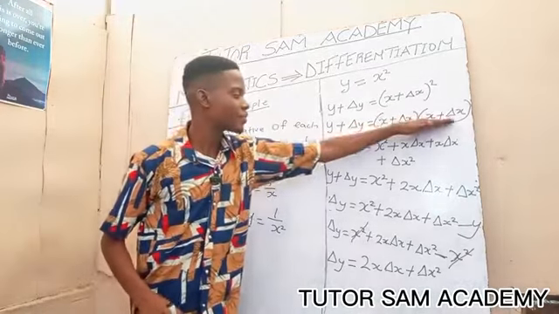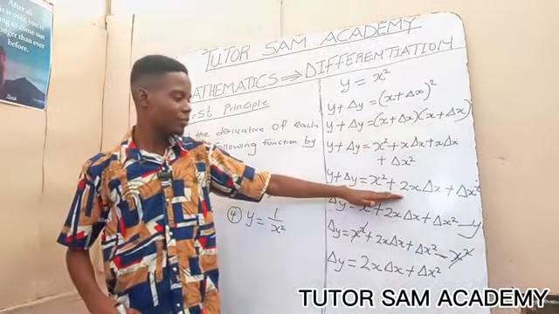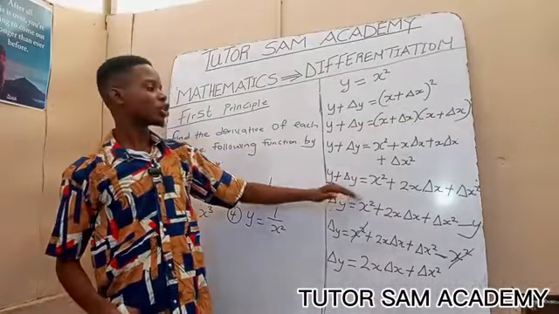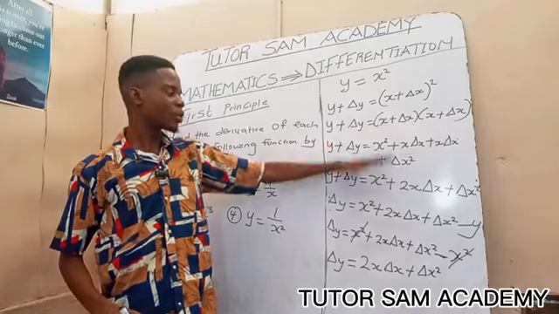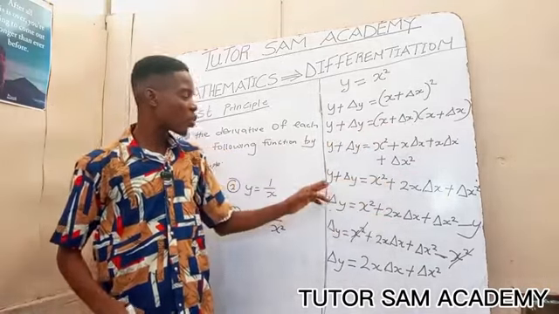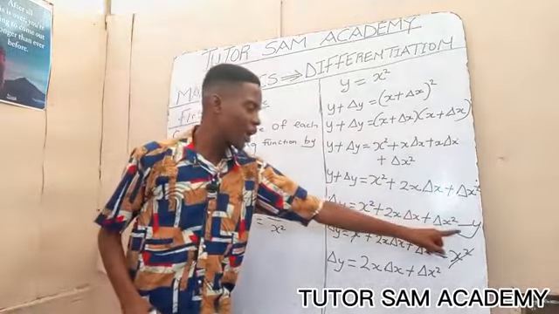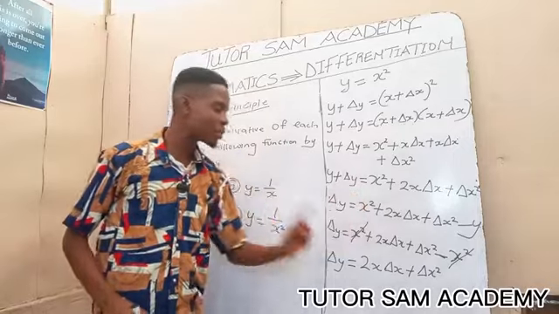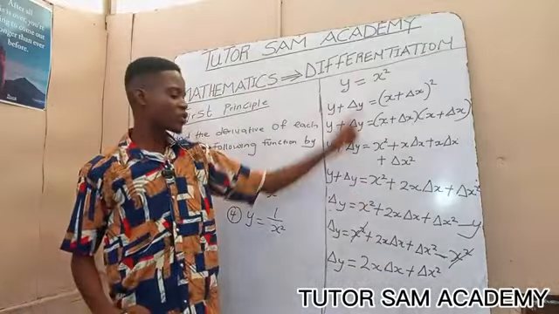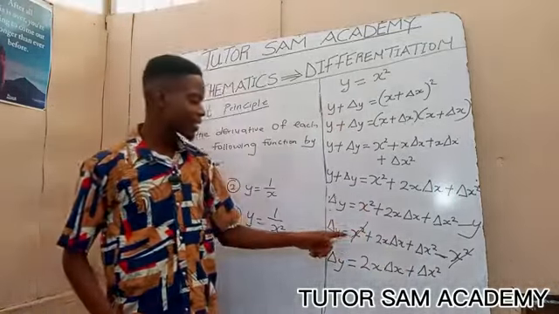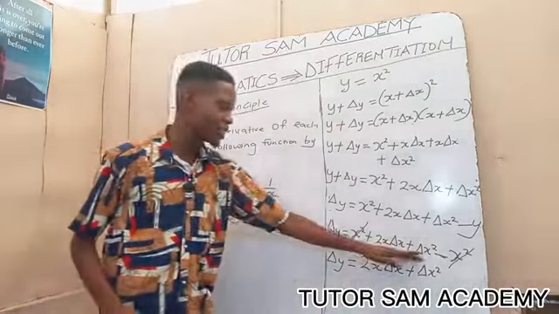The second step is expansion. The third step is to collect like terms, that is, take y to the other side. The fourth step is to substitute for y. Our y is x squared, so when you substitute, you notice that this and this cancel each other. We are left with this.